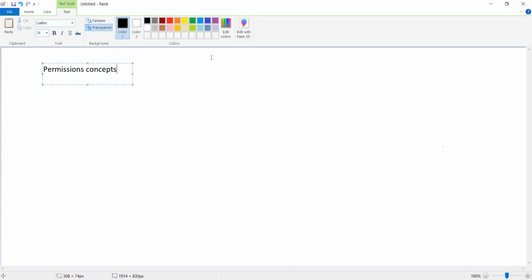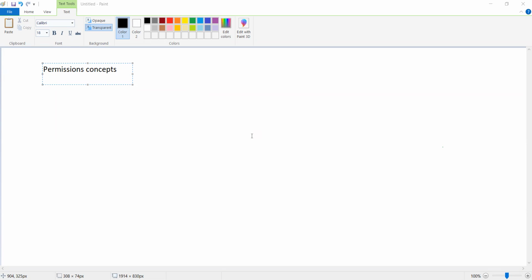So permissions are something providing some access, providing some restriction, right? So basically for accessing, restricting something, we generally use the permission concept, right?